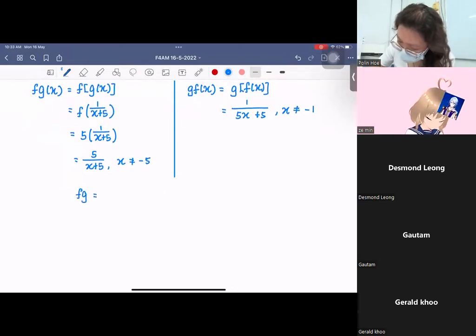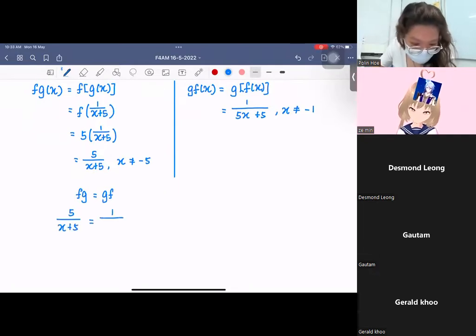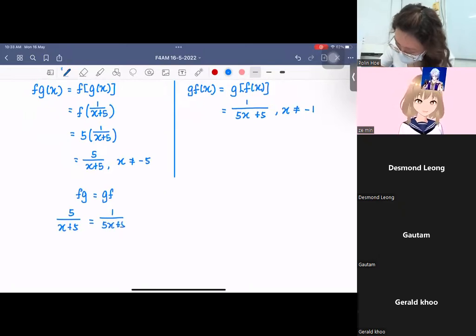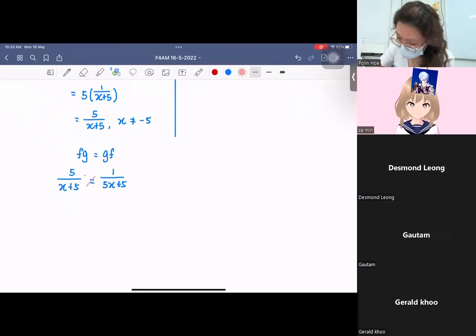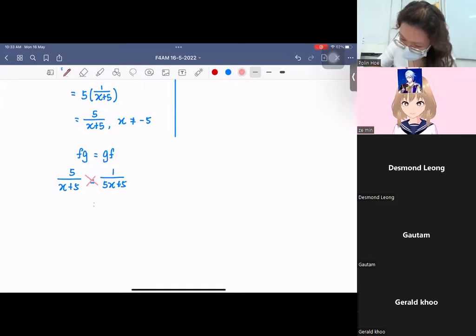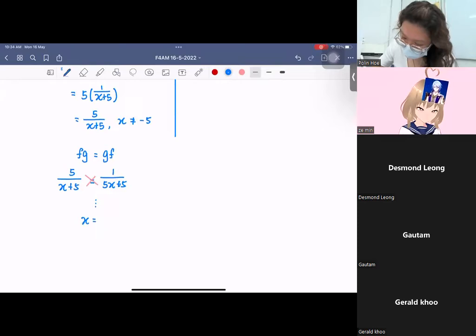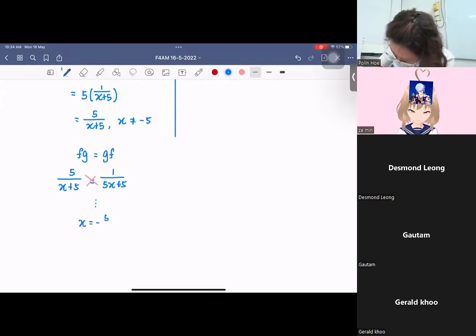When fg equals gf, then 5 over x plus 5 equals 1 over 5x plus 5. Then you cross multiply, and work out the rest by yourself. You should get x equals negative 5 over 6. Am I right? For those who have tried before you come for the class. Yes. Okay, good.